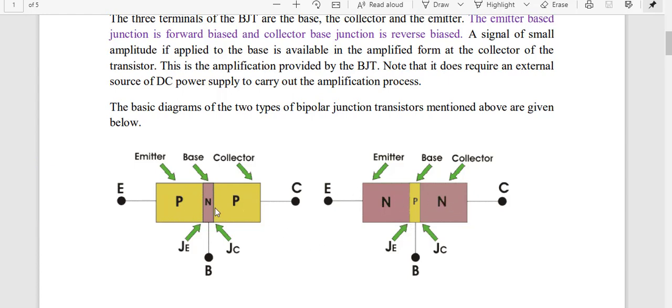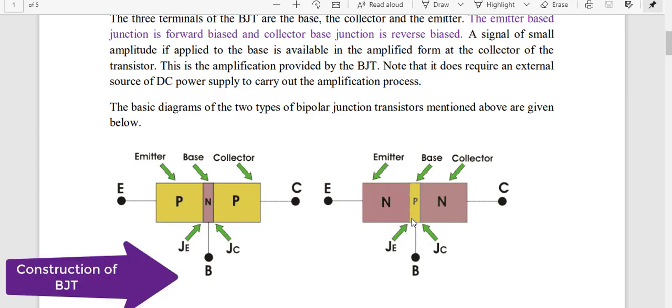Here you can see one thin N-type layer is sandwiched between the P-type layers. That's why this is known as a PNP transistor or BJT. Similarly, in the second figure, one thin P-type region is sandwiched between two N-type regions. That's why this type of configuration is known as NPN.